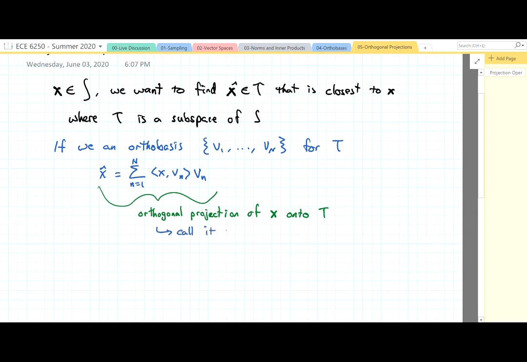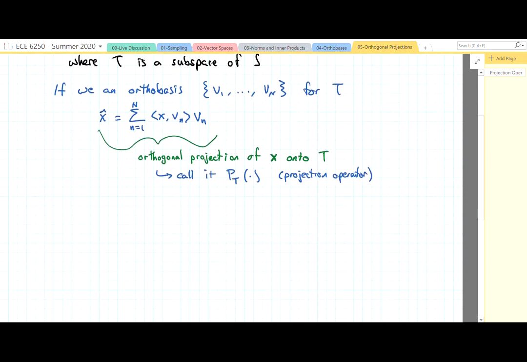Call it PT, projection onto t, and this would be our projection operator. In general, PT of x is then going to be the sum, n equals 1 to N, exactly what we've seen here. So Vn, so on and so forth.